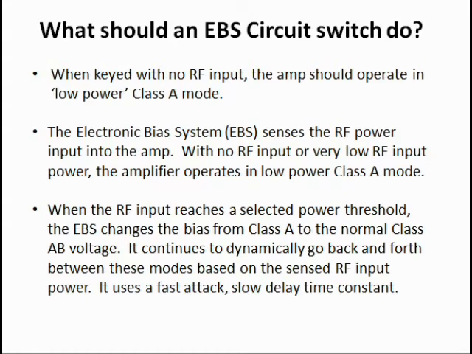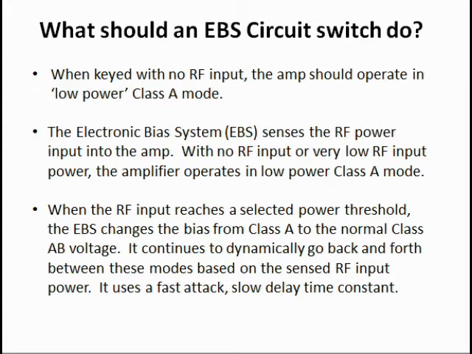Hello, now we will describe what an electronic bias circuit should do in normal operation and what the requirements are in each amplifier. An electronic bias circuit will normally switch the amplifier from low power Class A mode to higher power Class AB mode, and the way it does it is it changes the bias voltage for the amplifier.